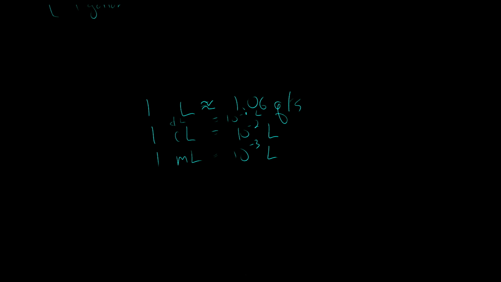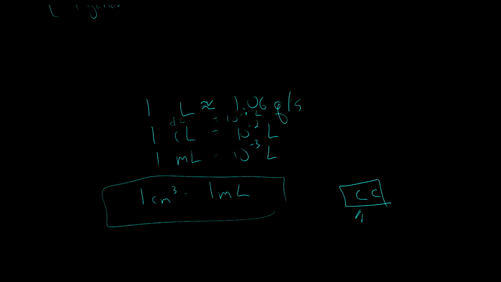But what's neat about this system is there was a link. A cubic centimeter is equal to 1 milliliter. And this is neat because you'll sometimes see cubic centimeter as cc. So you ever hear in medical terms, 10 cc's, that's 10 milliliters.